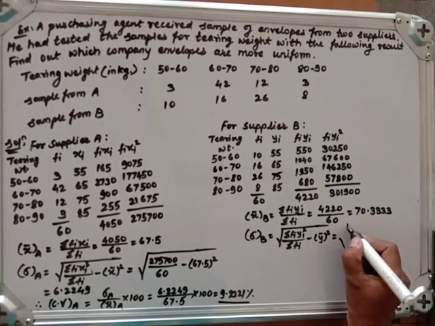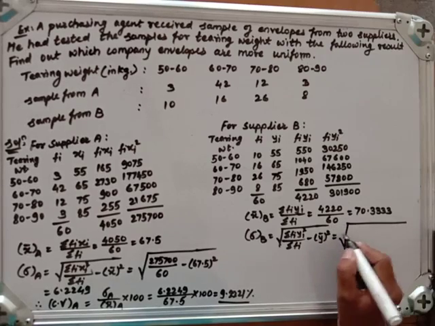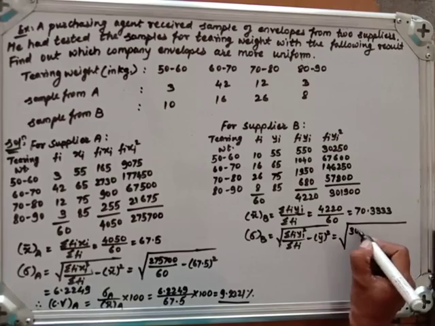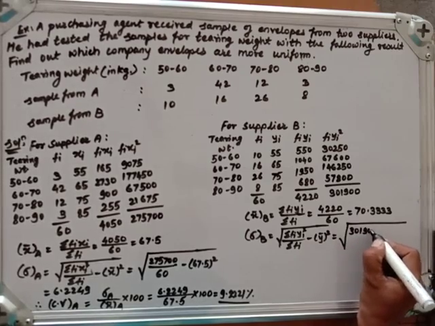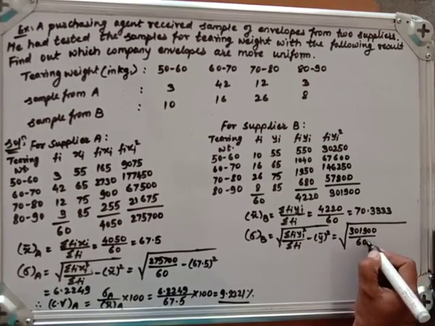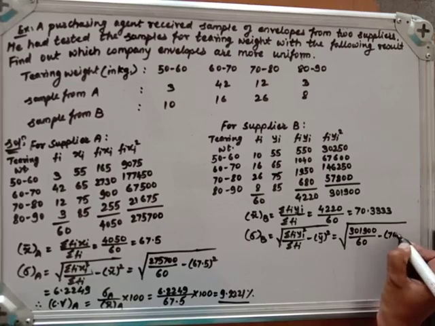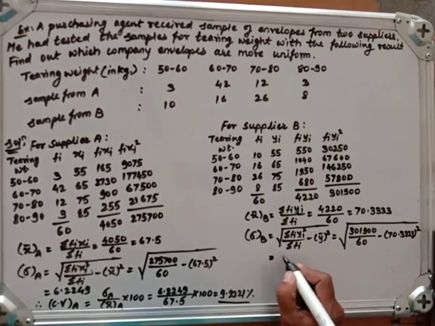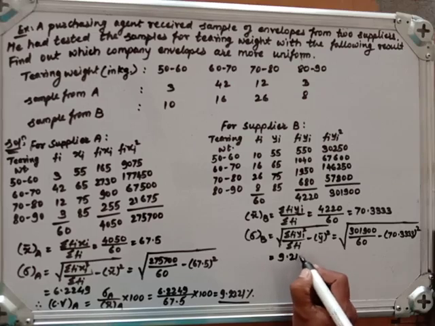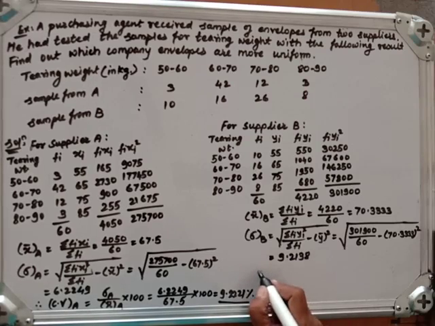So it will be root of 3,01,900 upon 60 minus 70.3333 its square. So this simplification will be 9.2138.